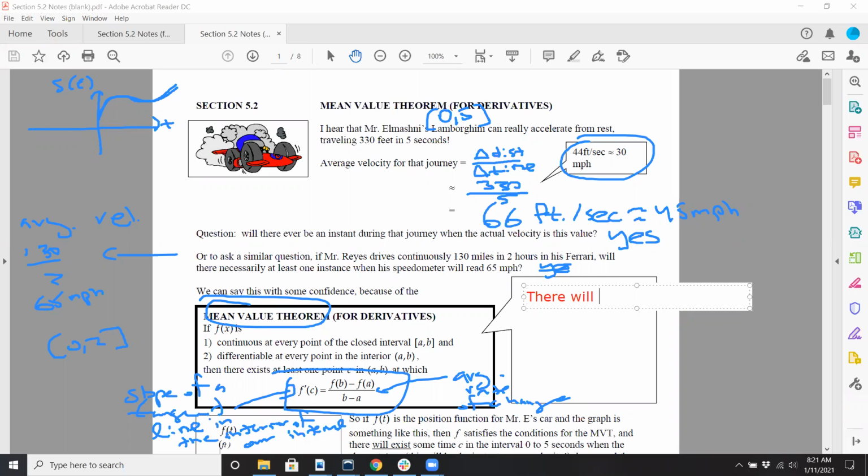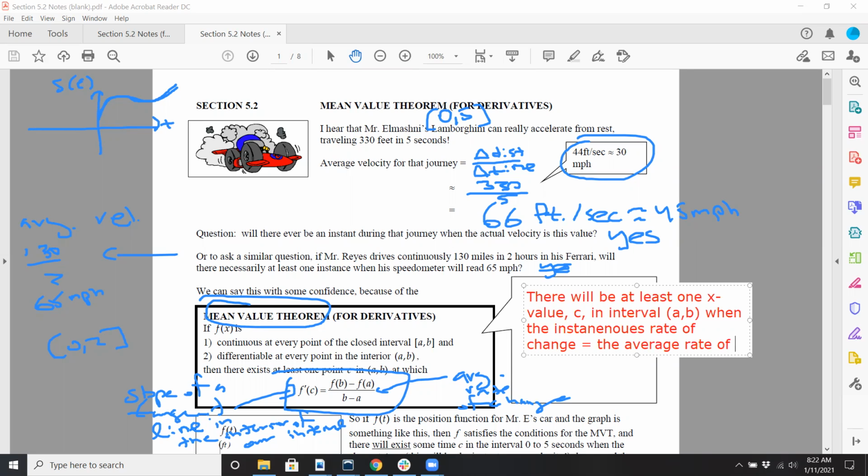There will be at least one x value, which we'll call c, in the interval a to b when the instantaneous rate of change equals the average rate of change. Okay, now the text box should be visible. So that's what this tells us.